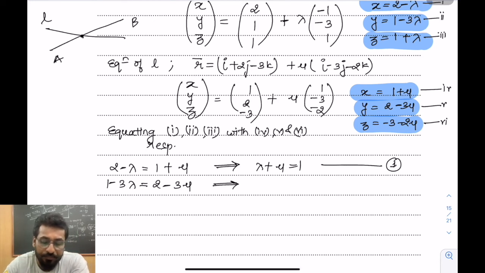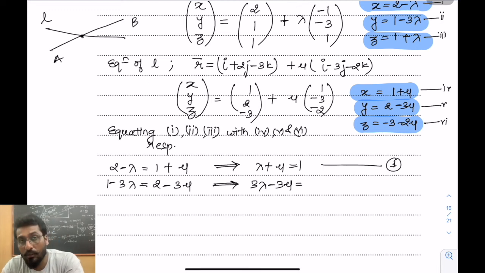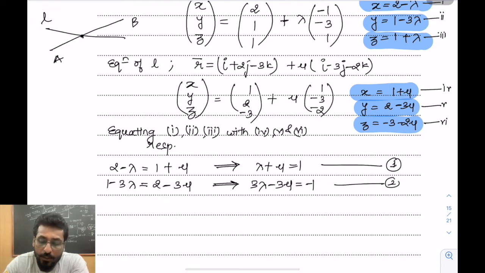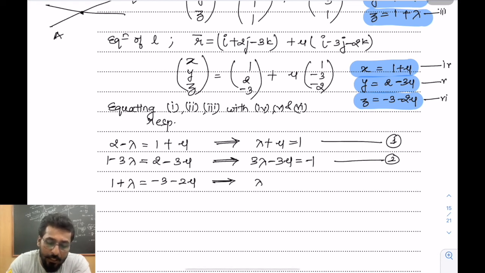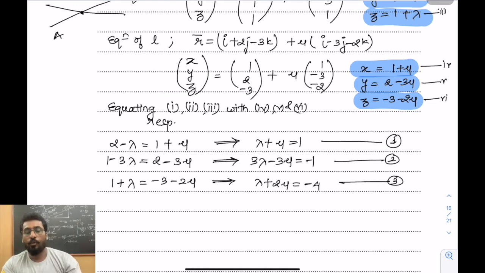So that implies 3 lambda minus 3 mu is equal to, with 3 lambda transferred to the other side and 2 coming to the left side, minus 1. We'll call this equation 2. And the third equation, 1 plus lambda is going to be minus 3 minus 2 mu. So that implies lambda plus 2 mu is equal to minus 4. That's going to be your third equation.